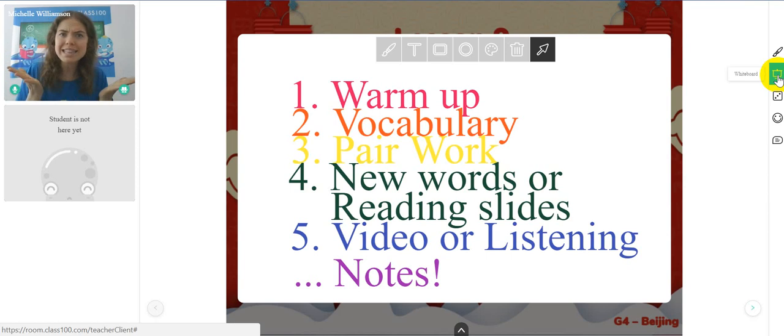Eliciting. What is this? If you get an answer, it's not a new word. Otherwise, you can concept check.